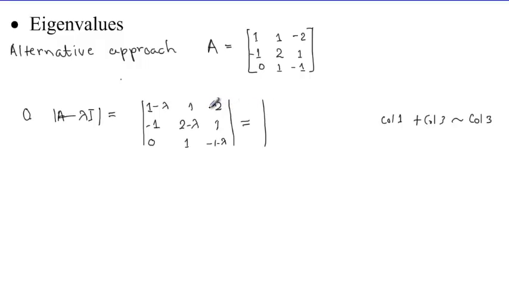Sorry, there's a mistake. This is -2. If we take column 1 as it is, 1 minus lambda, -1, 0, and then we give 1, 2 minus lambda, 1.